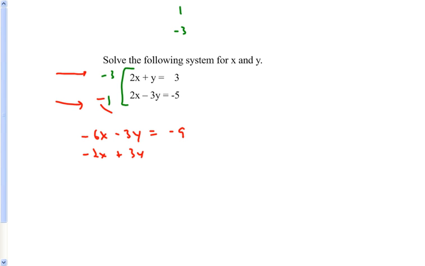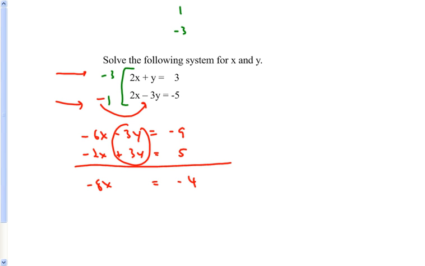Make sure you see why that's a positive 3y equals positive 5. And adding them down, I have -8x and 0 equals -4. To get the x by itself, I'm going to divide by the -8. And I get x is not 2, but 1/2.